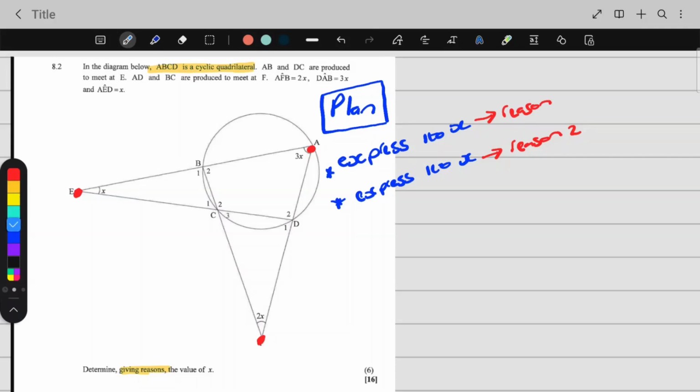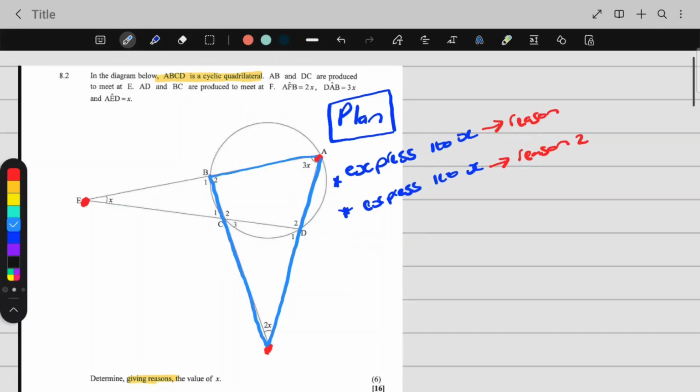So grade 12s, do you see that this is a triangle? I have two angles in the triangle. I have angle A, so I have this angle over here, and I have angle F. So can't I work out angle B2 in terms of x? So I'm going to write that down. I'm going to say angle B2 plus 3x plus 2x.